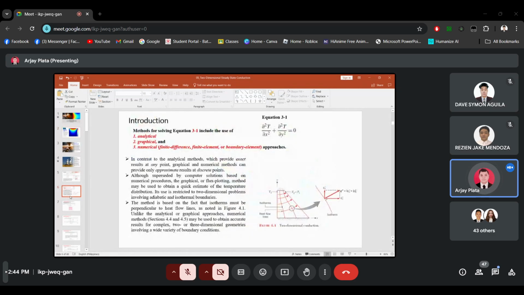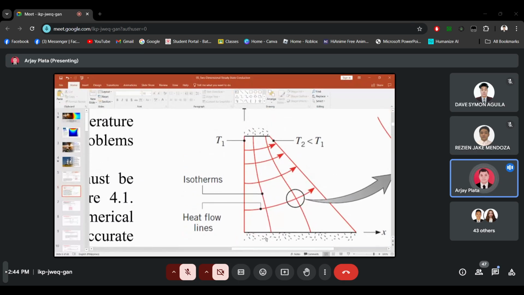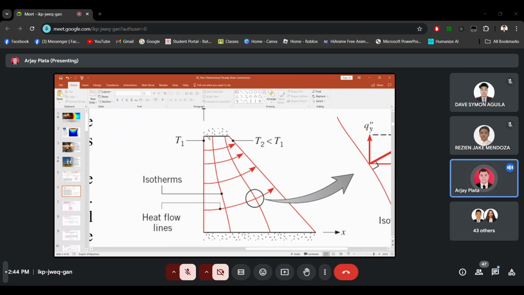I actually have this figure. So this is our figure. As you can see, we have the heat flow lines. So the heat transfer is from this direction going to this direction. Same as our figure earlier. So this is what we call the heat flow lines or the adiabats.